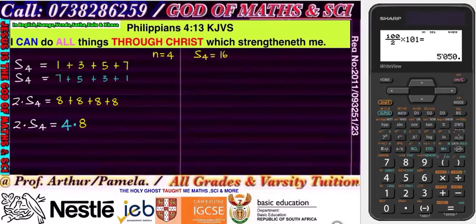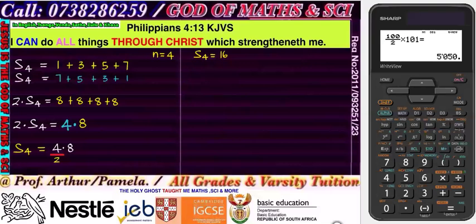Then the next thing to solve for S subscript 4, we need to divide both sides by 2. So now we're going to end up with S subscript 4 must be given by 4 multiplied by 8, but we're going to have to divide by 2, right?